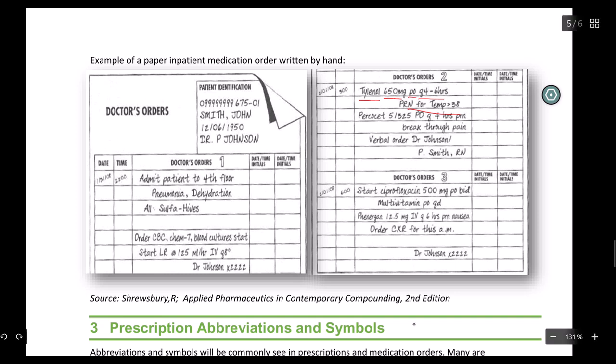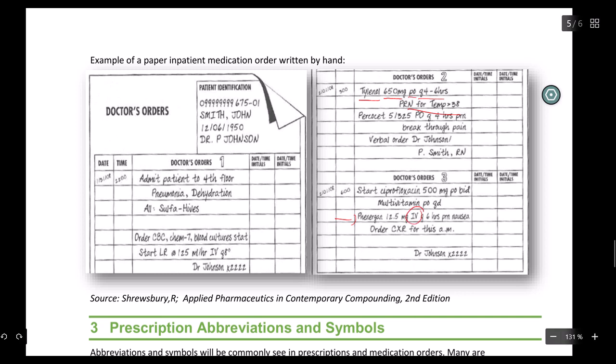We're going to look at a lot of these types of prescriptions when we deal with IV medications, because a lot of IVs are usually given in those hospital settings. So things that are injectables and IVs, for example, this drug here says Phenergan 12.5 milligrams, IV, Q6 hours, PRN nausea. This IV is not Roman numerals, it's for intravenous.